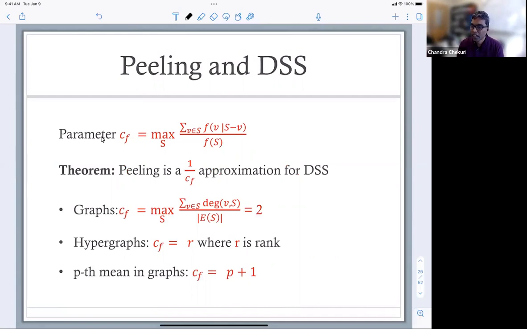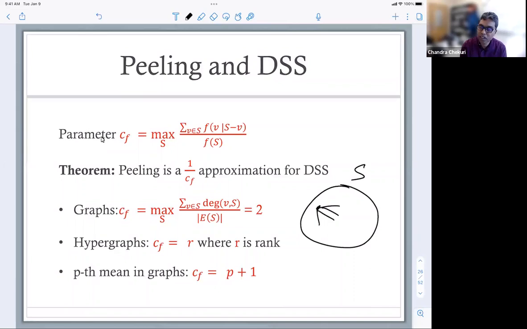Let's see why it's useful. Let's look at the case when we have a graph. What is this parameter CF when it's a graph? If you look at a set of vertices, this marginal value is simply the degree of the vertex v in the graph. So what are we measuring?